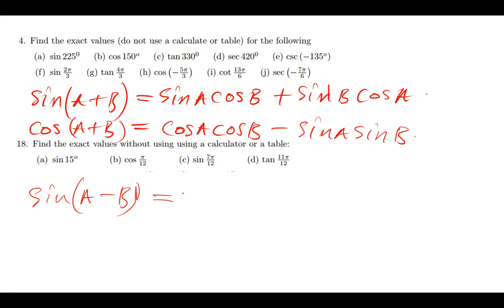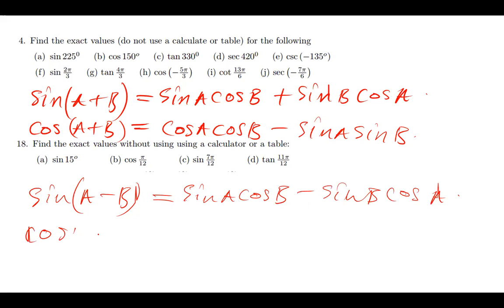Then you also need to understand that you can also have sine A minus B. So sine A minus B is found by changing the sign in between them. The rest remains the same: sine A cos B minus sine B cos A. And then for cos, we also just change the sign.